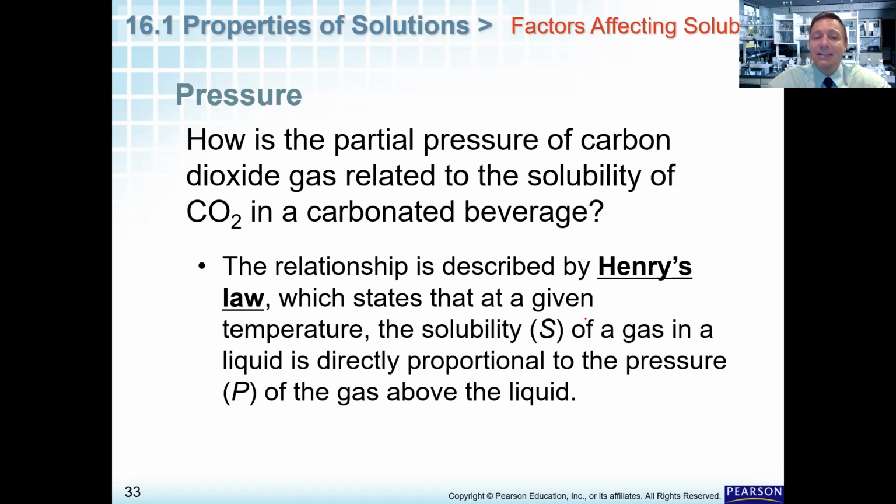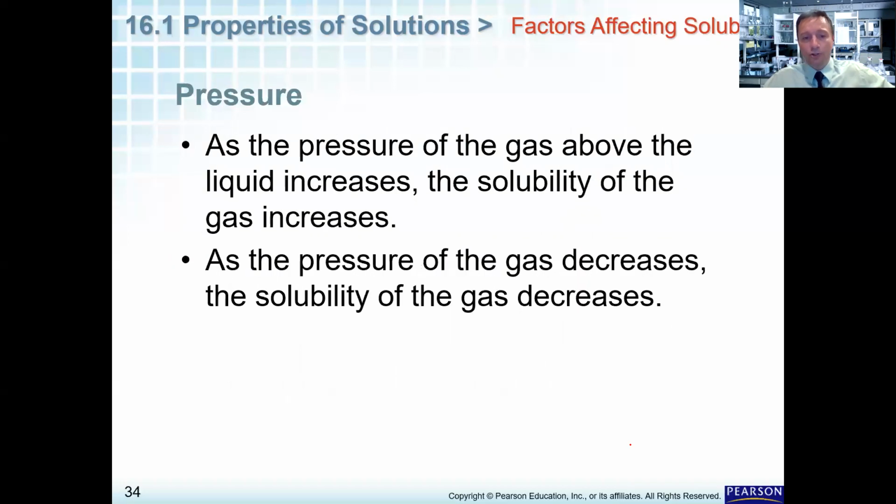So that's S and P. To be directly proportional, you know it's going to be S over P. That tells you it's going to be directly proportional. So as the pressure of the gas above the liquid increases, the solubility increases. As the pressure decreases, the solubility decreases.